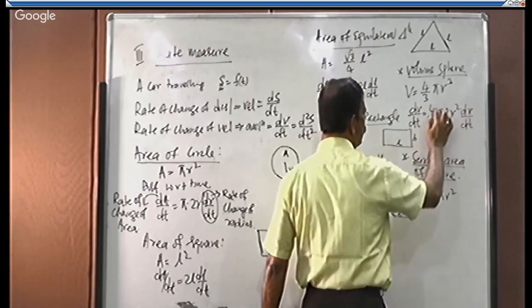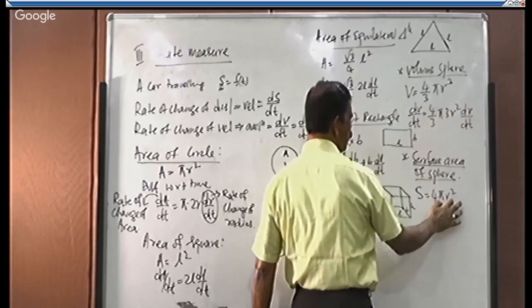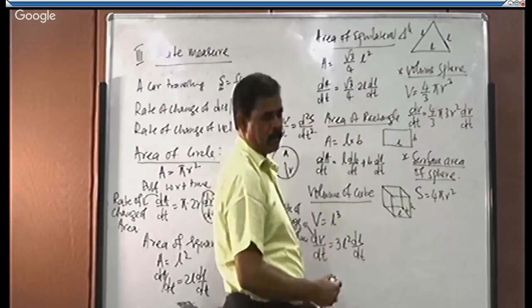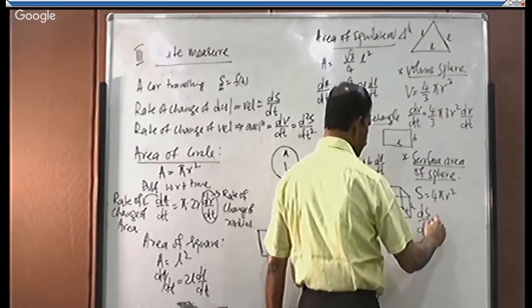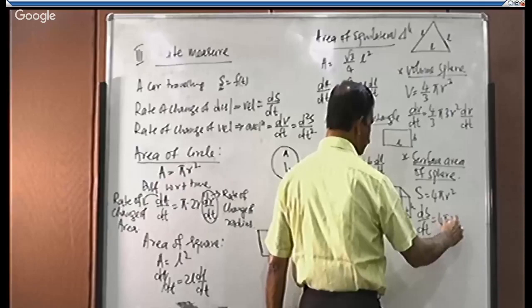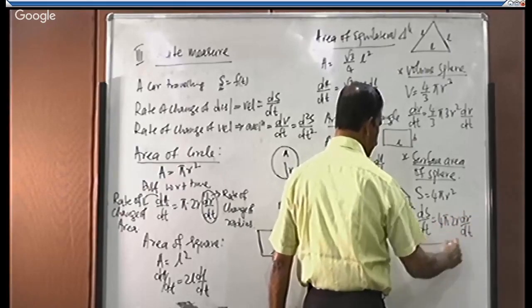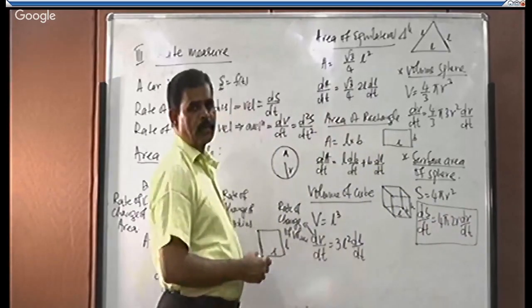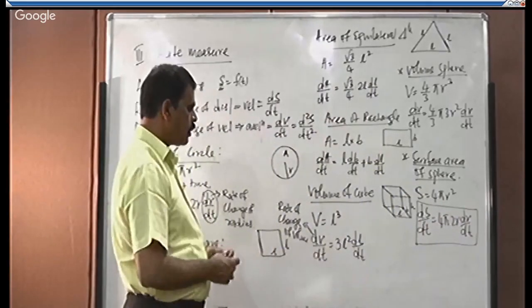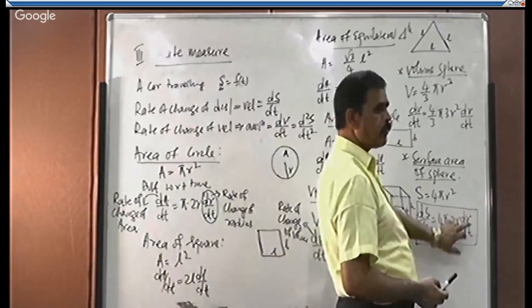Sorry, 4 pi r square will be the surface area. Right? On differentiating, I get dS by dt is equal to 4 pi into 2r into dr by dt. That is the rate of change of surface area and the rate of change of radius.